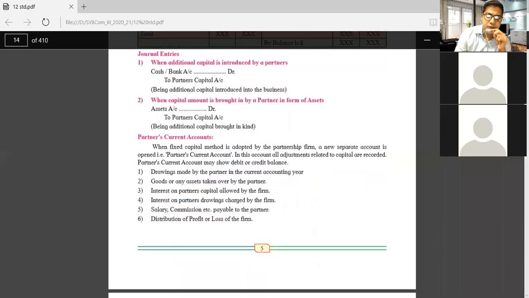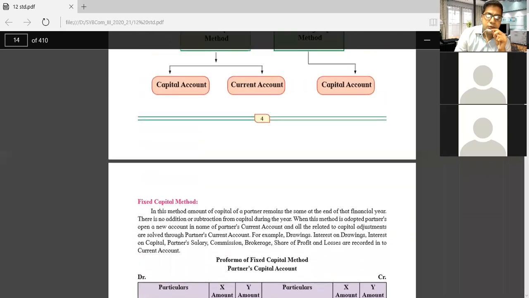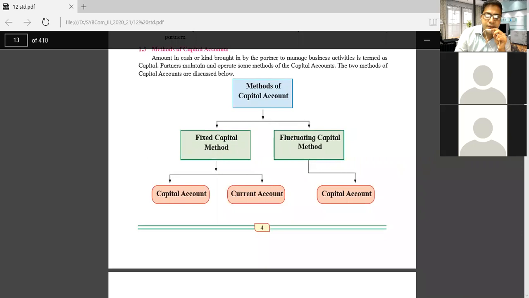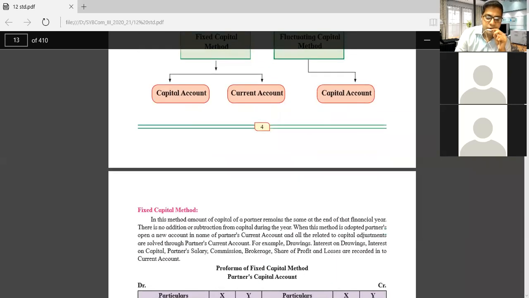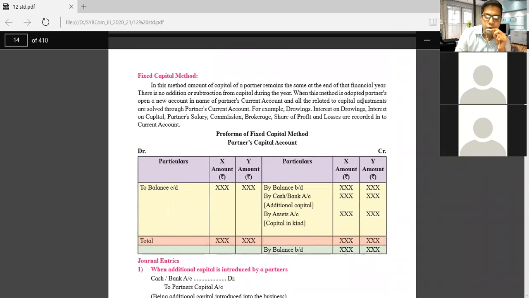There are two types of capital: fixed capital and fluctuating capital. You have to write in your notebook about fixed capital, these theoretical lines. There are 5 lines that you have to write.